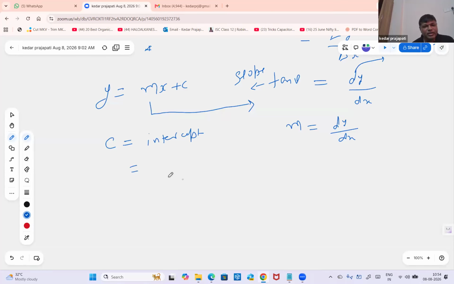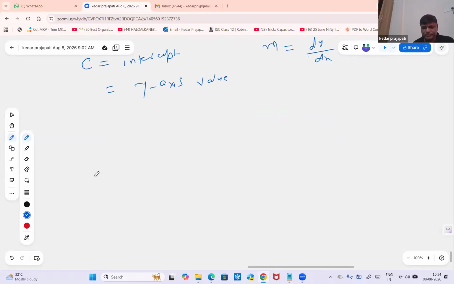Intercept means this will be y-axis value, right? Means how far is the line from origin.